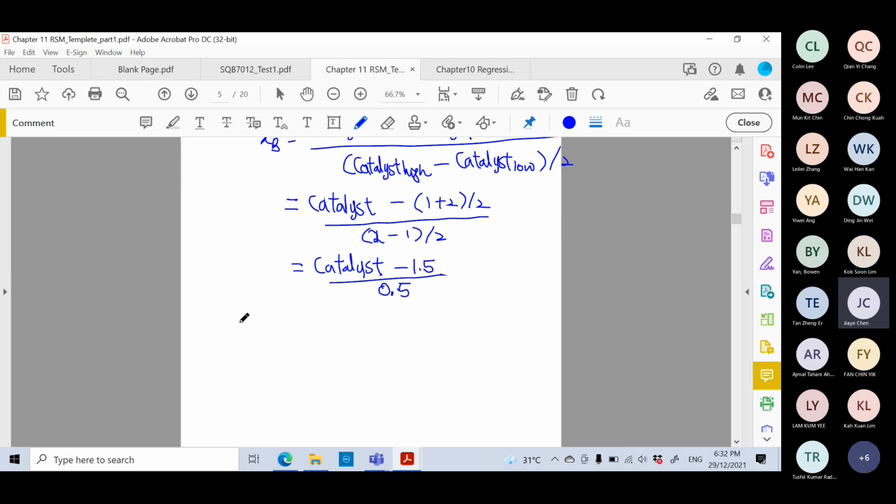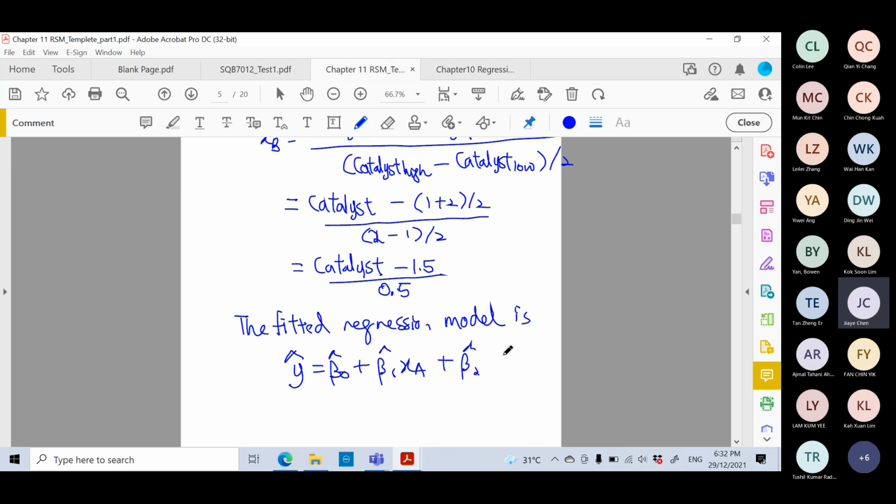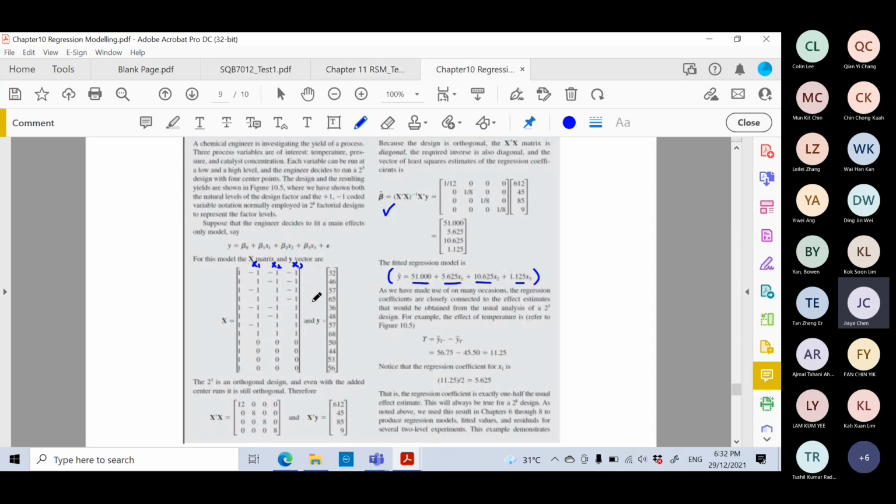I can say that the fitted regression model is y hat equal to beta naught hat plus beta 1 hat x for the A plus beta 2 hat x for the B. So how do we find the beta naught hat, beta 1 hat, and beta 2 hat? You can use the following way, X prime X inverse X prime y, then you can get your beta hat, which consists of beta naught, beta 1, and beta 2.